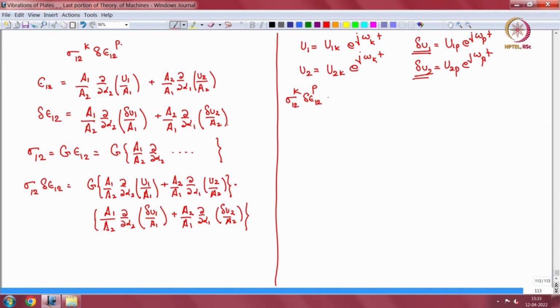So this now becomes equal to G, A1 by A2 del alpha 2 U1P by A1 plus A2 by A1 del alpha 1 U2P by A2 into A1 by A2 del alpha 2 delta U1 is U1P.